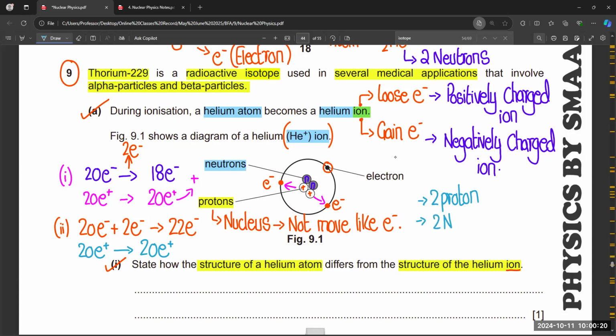It is clearly shown in the diagram. We are not writing by ourselves, we are writing from the reference of the diagram. And the third thing is, you can see there is one more electron shown in the diagram. This one.